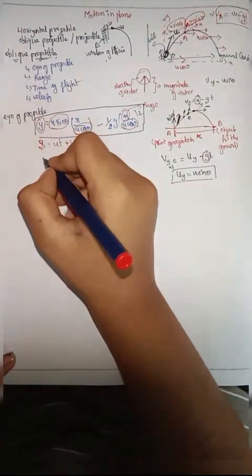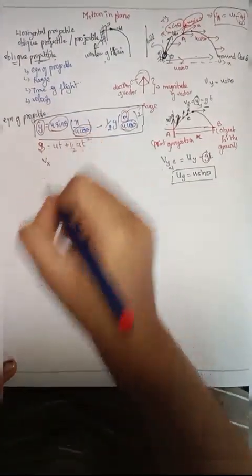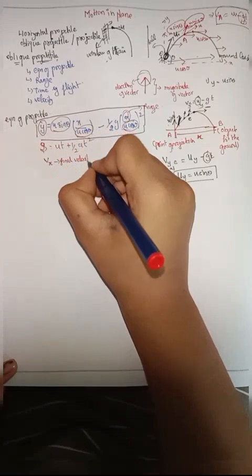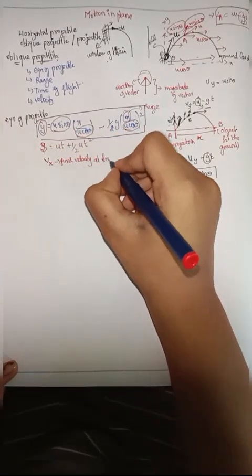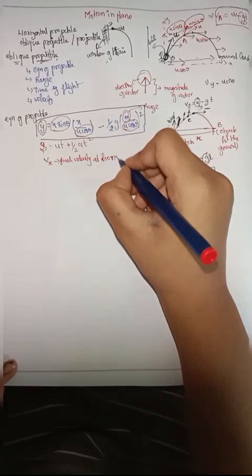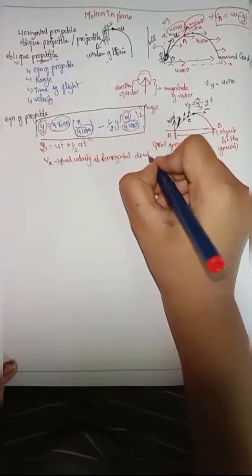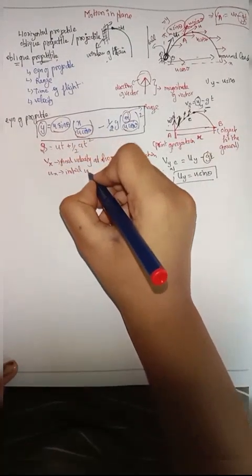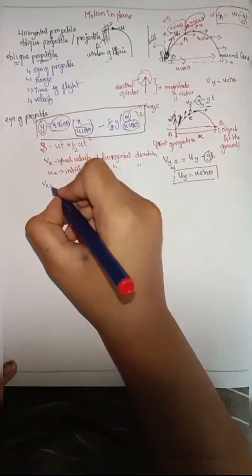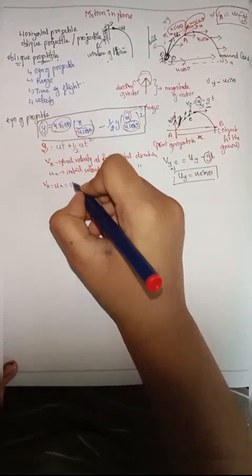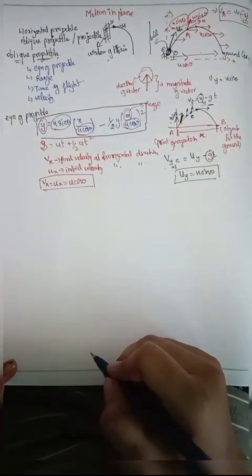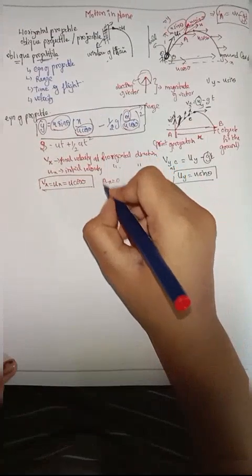Let's say the final velocity in the x direction is vx, and ux is the initial velocity in the horizontal direction. vx equal to ux equal to simply u cos theta. There is no change, as I said before. As there is no change in velocity, there is no acceleration along this direction.